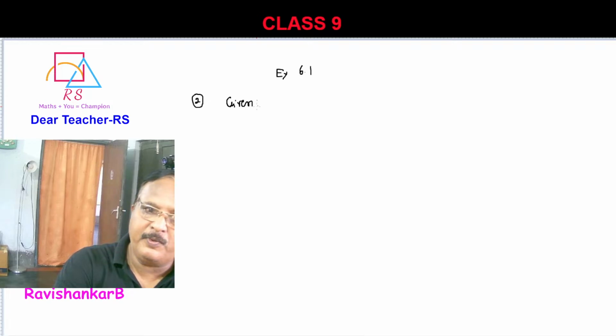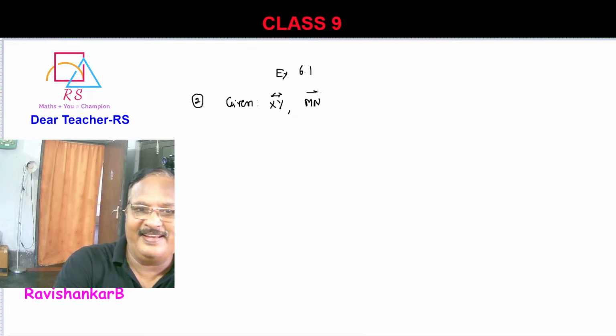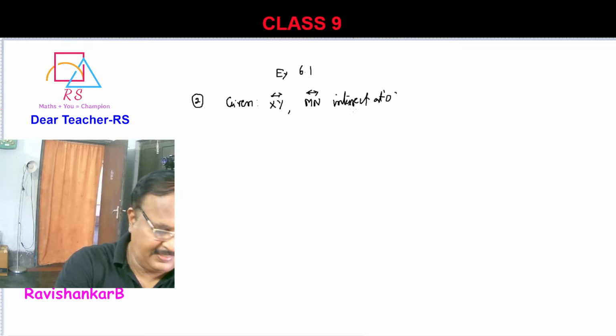Lines XY and MN intersect at O. This is the first one.